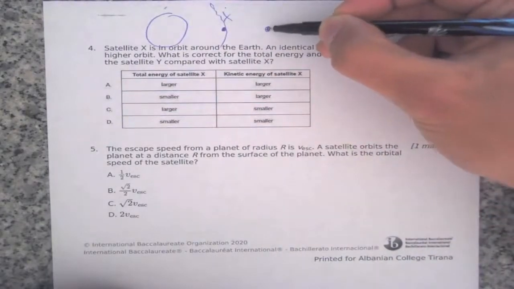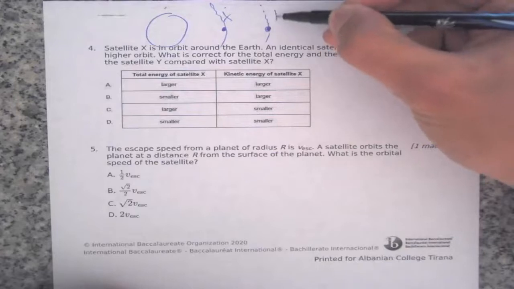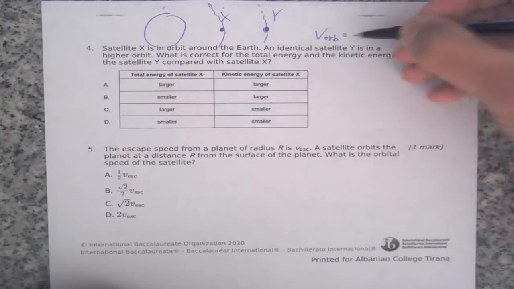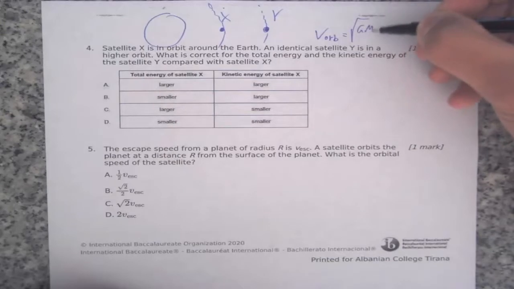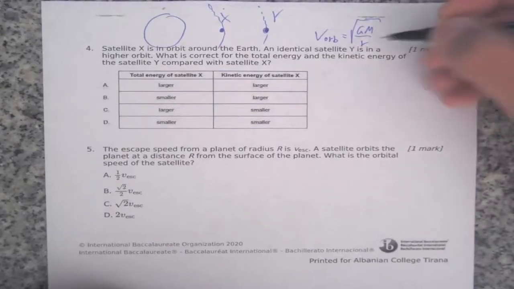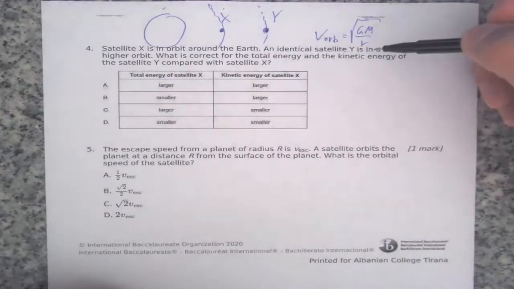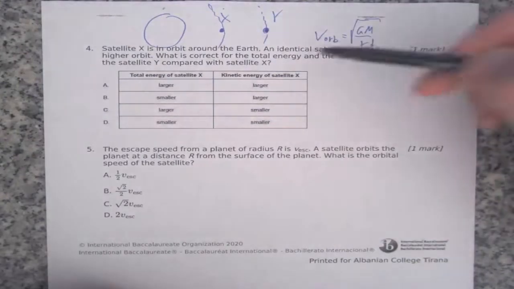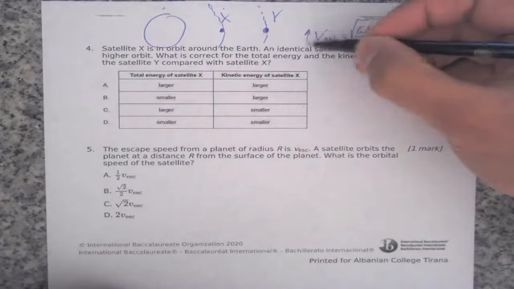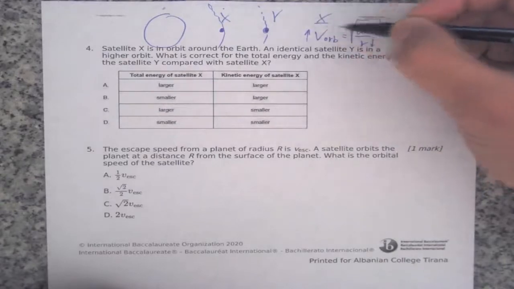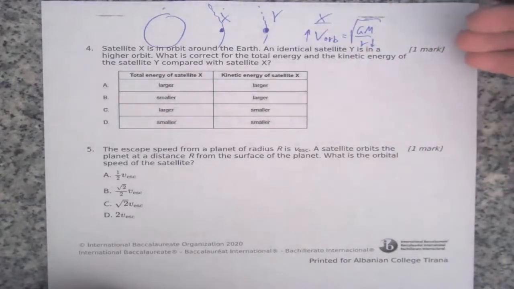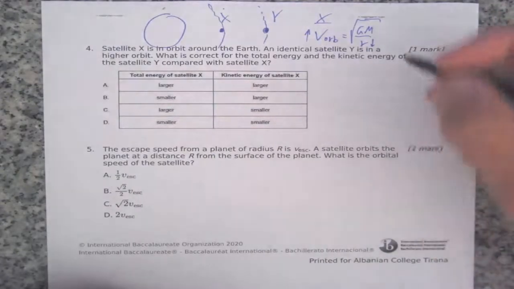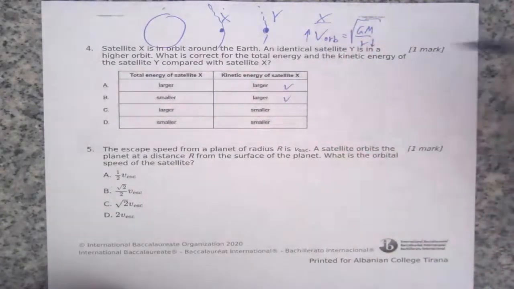Here is your Y in a higher orbit, orbiting in that path. The orbital velocity, as I said before, is the square root of GM over r. Here, satellite X has a smaller radius than satellite Y. So this is for the X: higher velocity, higher kinetic energy. So it is either A or B for the kinetic energy.